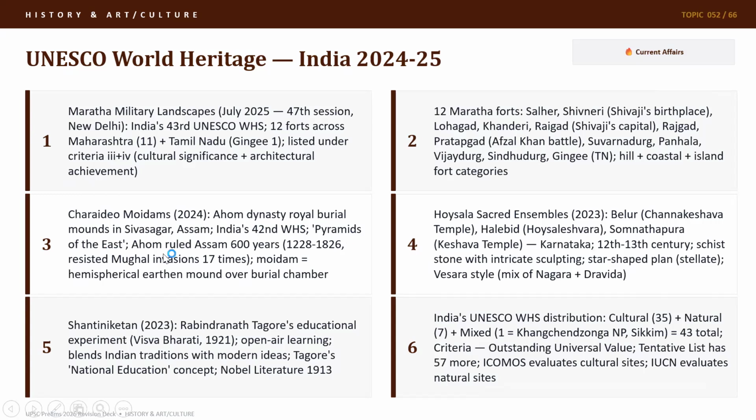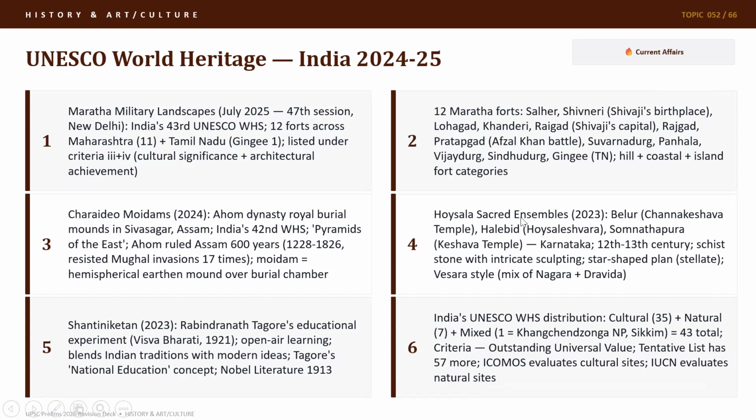Ahoms ruled Assam for more than 600 years, 1200s to 1800s, and they resisted Mughal invasions 17 times. What is a Moidam? A Moidam is a hemispherical earth mound over a burial chamber, and hence they are called the Pyramids of the East. You can go through the images of Moidams in Sivasagar, Assam.